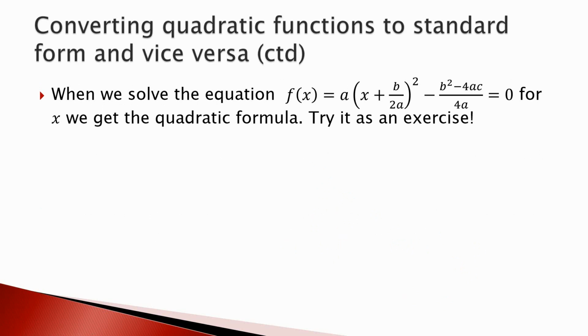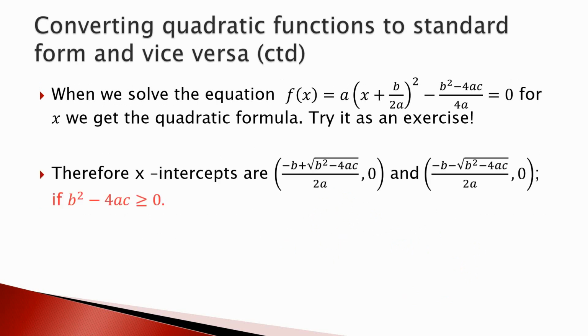You get the quadratic formula, so try it as an exercise. This is the quadratic formula, and plus or minus gives you two x-intercepts. The x-intercepts will exist only if the equation has real solutions.